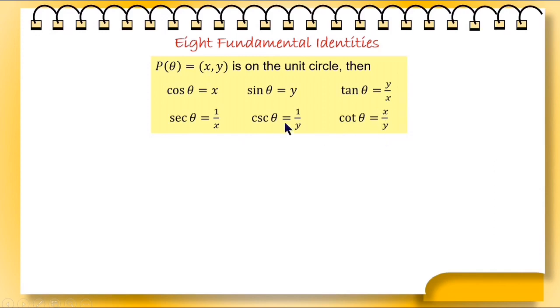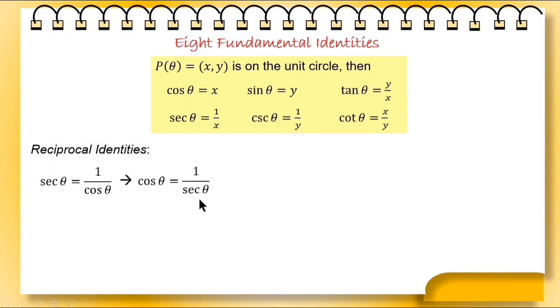Note that the pairs cosine theta and secant theta, sine theta and cosecant theta, and tangent theta and cotangent theta are reciprocals. Hence, secant theta is equal to 1 over cosine theta, which is equivalent to cosine theta is equal to 1 over secant theta. Then, cosecant theta is equal to 1 over sine theta, or sine theta is equal to 1 over cosecant theta.